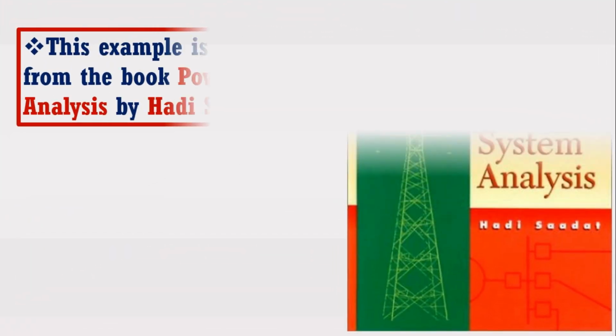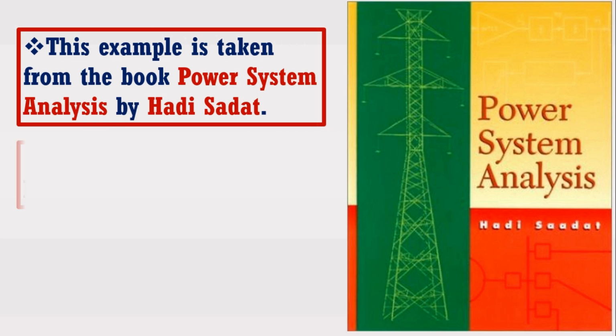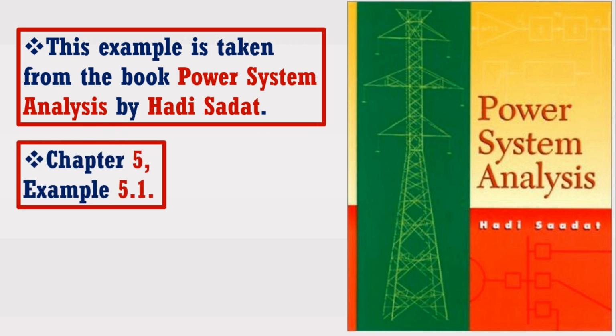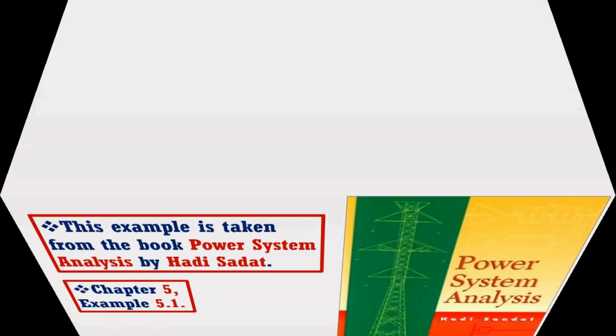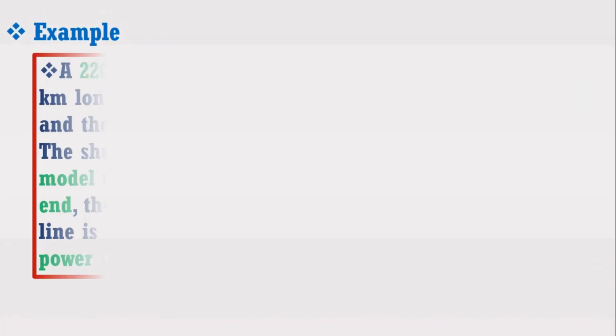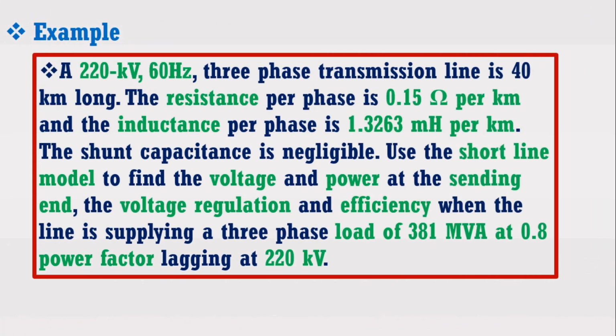To design this model, I have taken an example from the book Power System Analysis by Hadi Sadat, Chapter 5, Example 5.1 as shown here. According to this example, a 220 kV 60 Hz 3-phase transmission line is 40 km long. The resistance per phase and inductance per phase per kilometer are given in the data. The shunt capacitance is negligible.